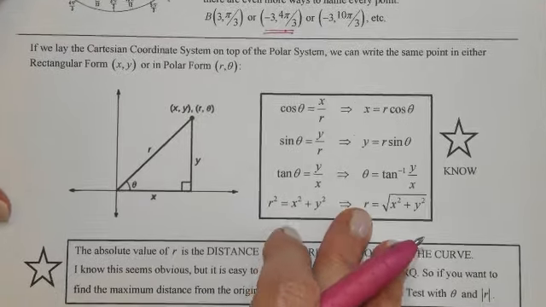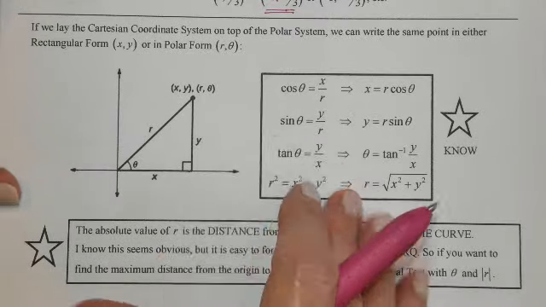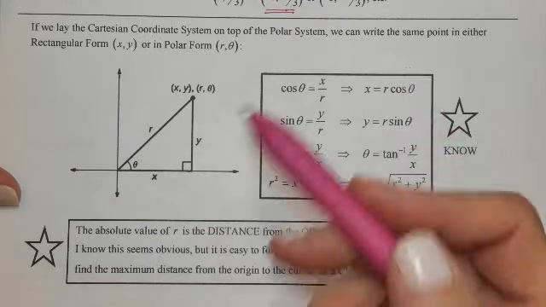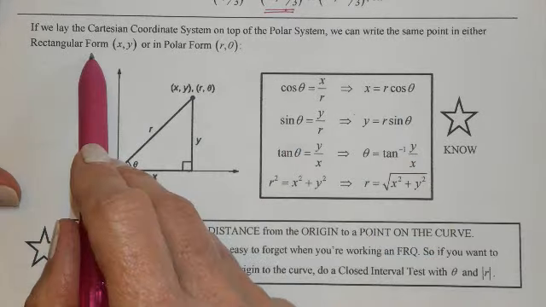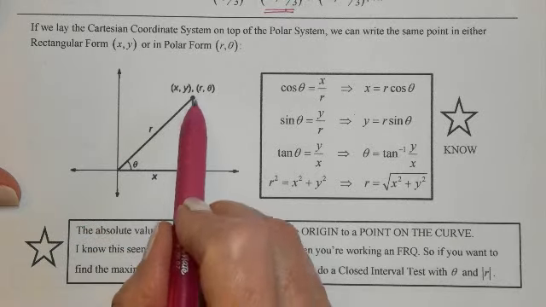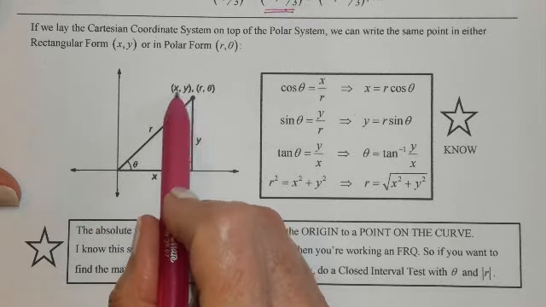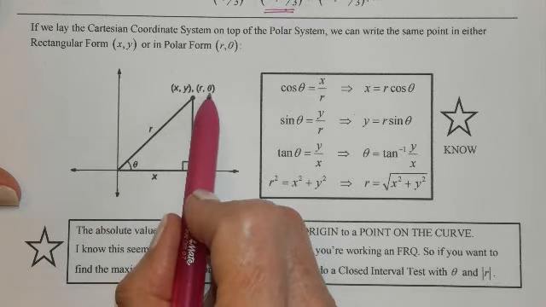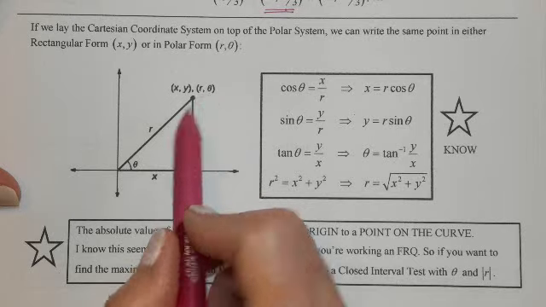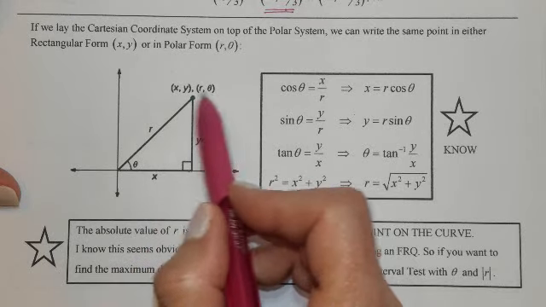All right. If we lay the Cartesian coordinate system on top of the polar system, we can write the same point in either rectangular form or polar form. So this point, I could name it in x, y's or I could name it in r, thetas. All right, so we need a way to switch back and forth.